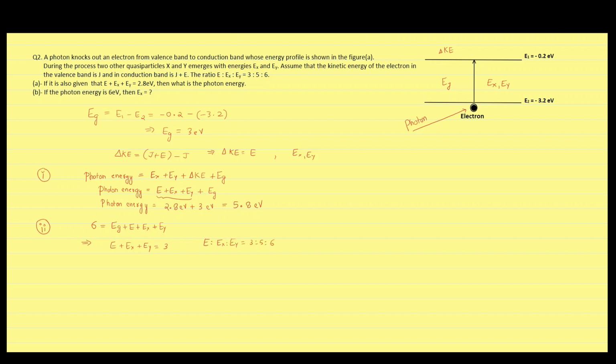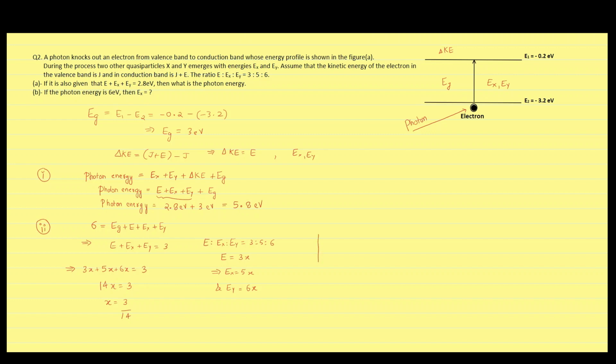3:5:6. Let us assume that E is equal to 3x. Therefore, Ex will be equal to 5x and Ey will be equal to 6x. Now putting the values of E, Ex and Ey in the equation, we will get the value of x to be 3/14.